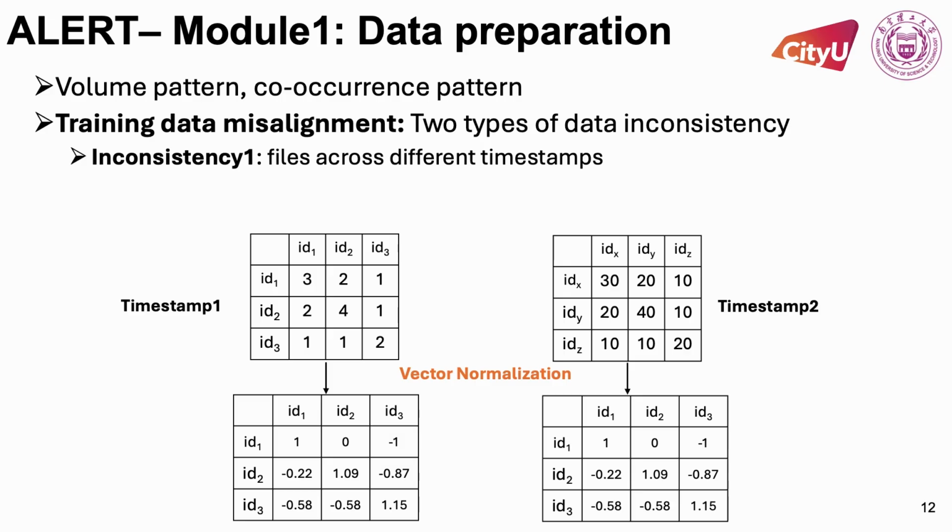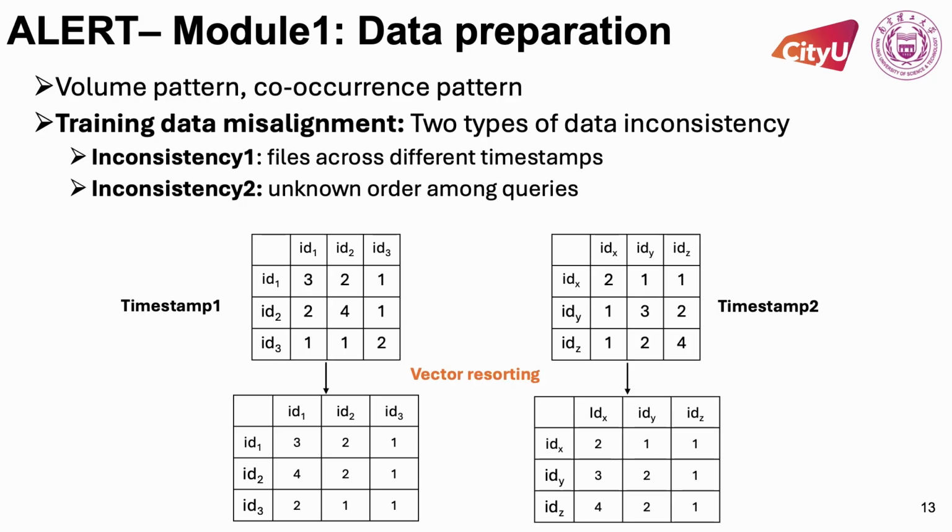The scale of files collected at each timestamp can differ greatly and change as the database accumulates, leading to imbalanced features during model training. To mitigate this, we normalize each query factor into a sequence with mean 0 and standard deviation 1, thus eliminating the influence of absolute values.